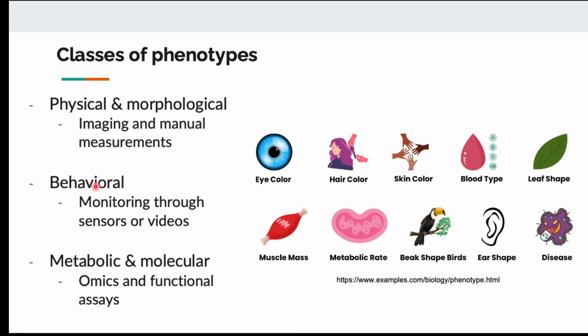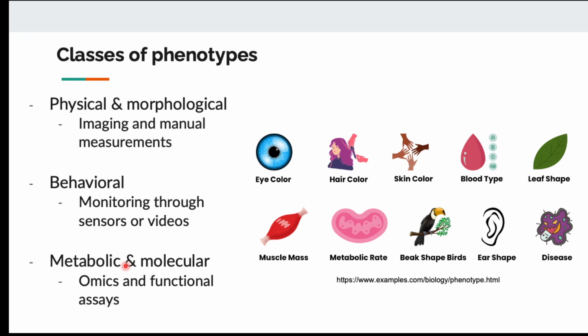The other class of phenotypes are behavior, these things that change over time, such as the feeding behavior, or the active and inactive time that a person or an animal might spend every day. These are behaviors that we can monitor, usually through maybe a wearable device, or some sensors, or videos, or using a video camera.